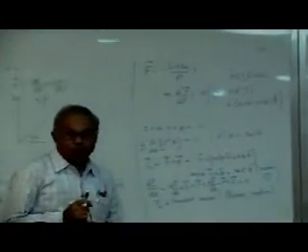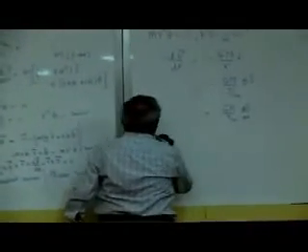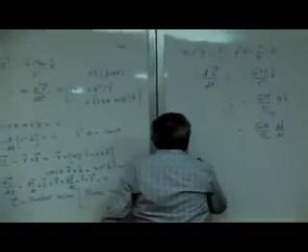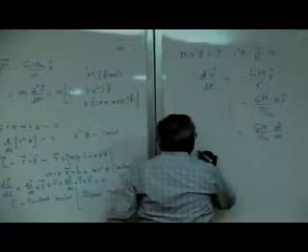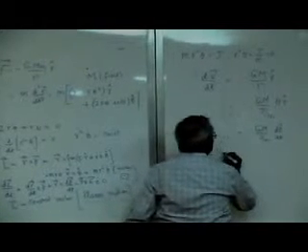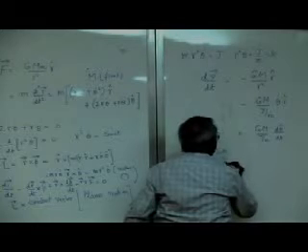Is this okay up till now? So I can take it to the other side. I get d/dt of v minus GM by J, theta cap.